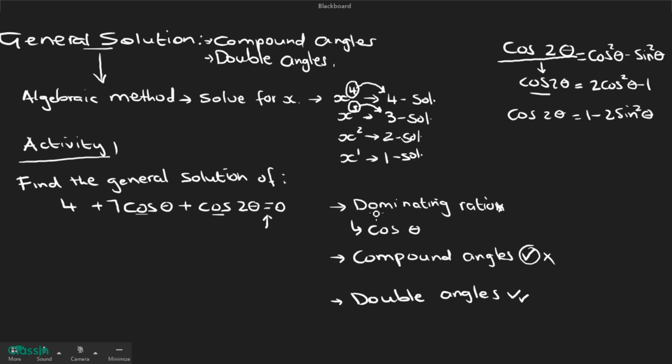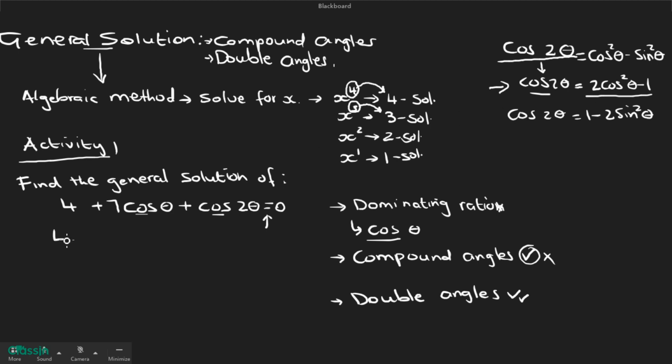We need to write our ratio as cos, not as sine, because we don't need sine here. We only need cos. Which one of the three gives us cos alone? The second one, 2 cos squared theta minus 1. So in place of cos 2 theta, we are going to write 2 cos squared theta minus 1.